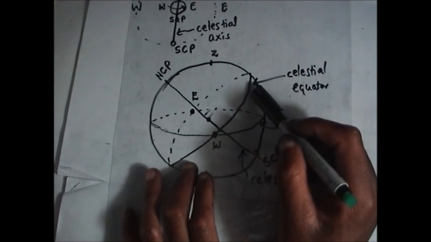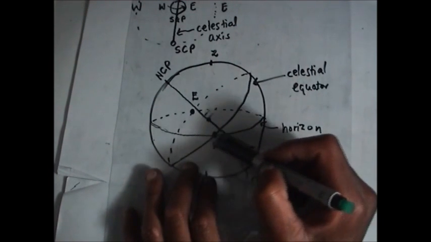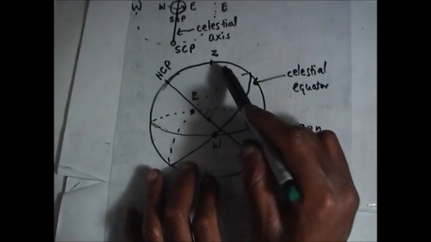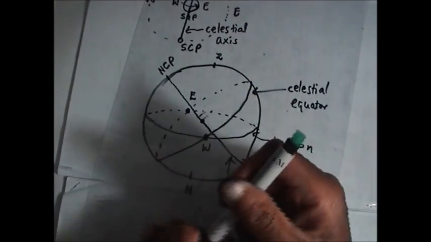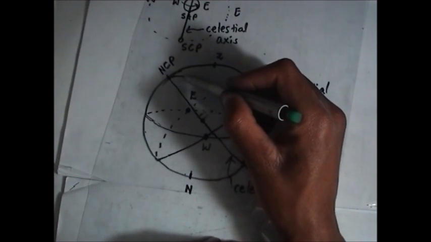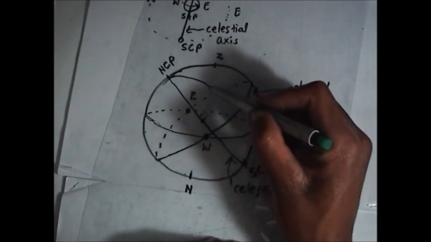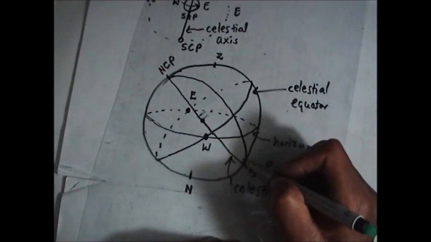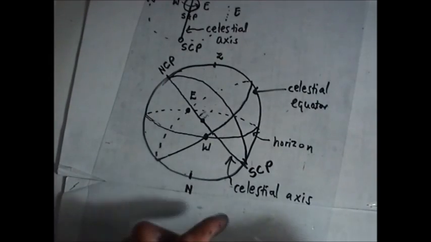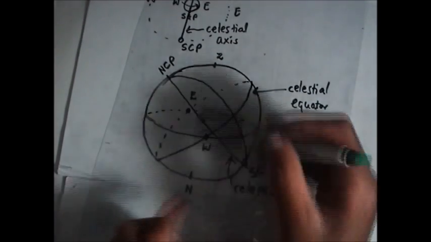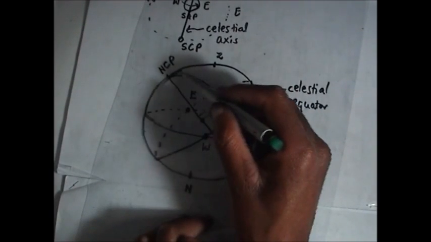So we are going to draw great circles that start from the north celestial pole, cut the celestial equator, and then cross to the south celestial pole and go all the way behind.